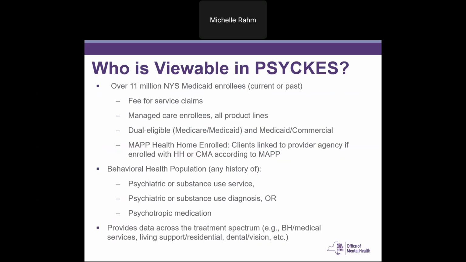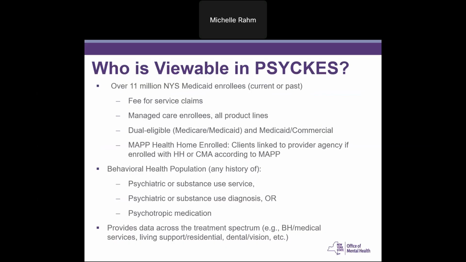So who is viewable in PSYCKES? Now, the population available in PSYCKES is the Medicaid behavioral health population. So for Medicaid enrollees within New York State, this includes those who are currently enrolled in Medicaid or those who were previously enrolled in Medicaid. This also includes folks who are fee-for-service, managed care enrollees, or those who are dual eligible.